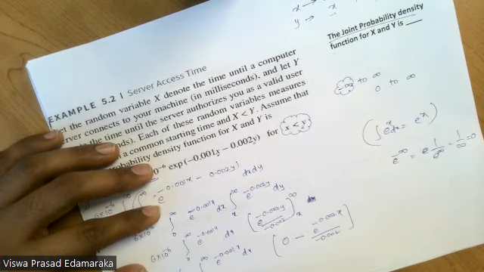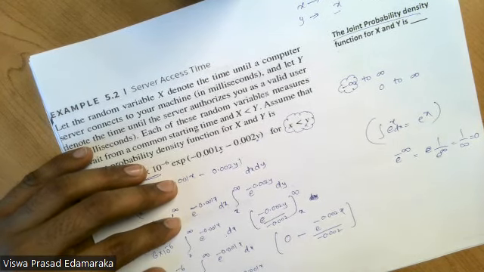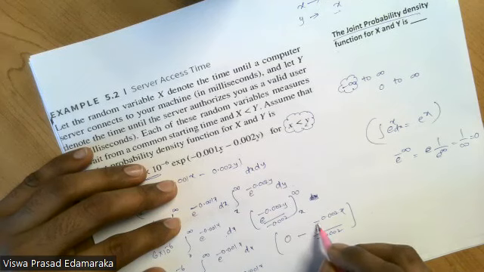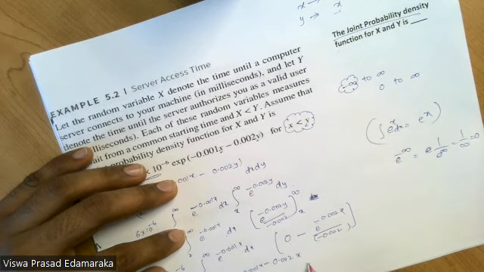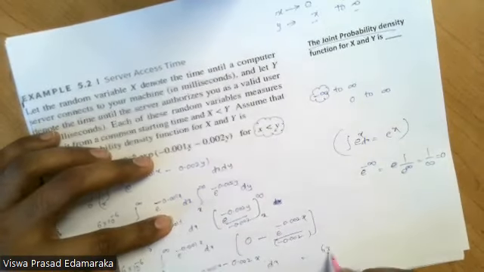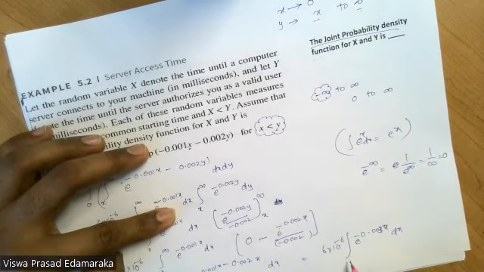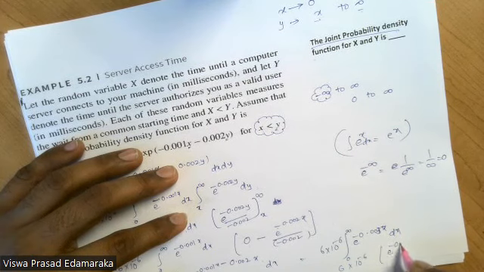After substituting this, we get 6 into 10 power of minus 6, e power of minus 0.001x, and minus minus gives plus, so e power of minus 0.003x dx from 0 to infinity. Then 6 into 10 power of minus 6, e power of minus 0.003x by minus 0.003 from 0 to infinity.